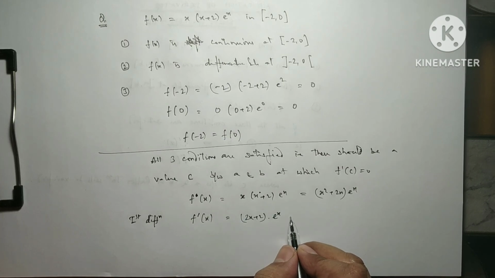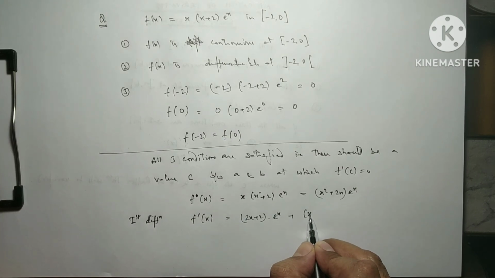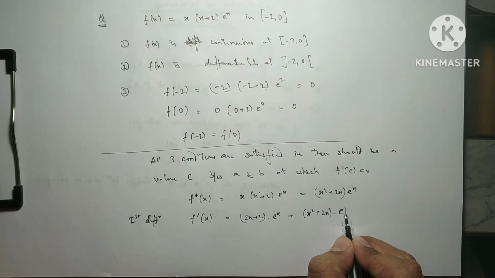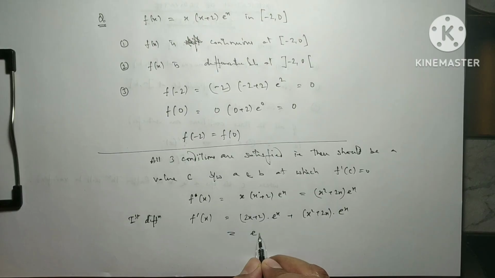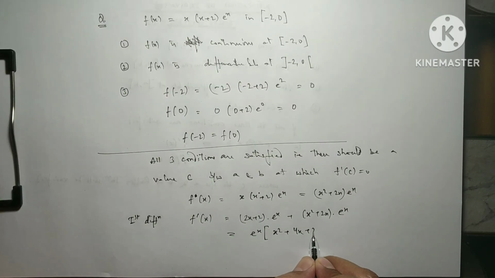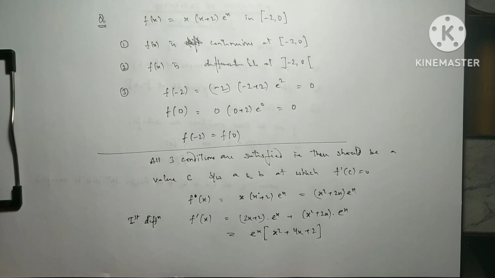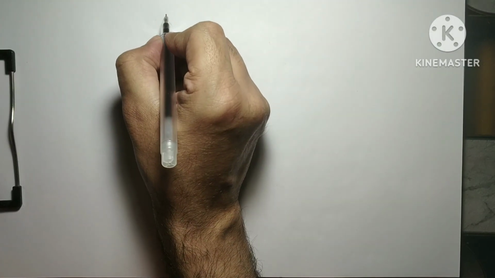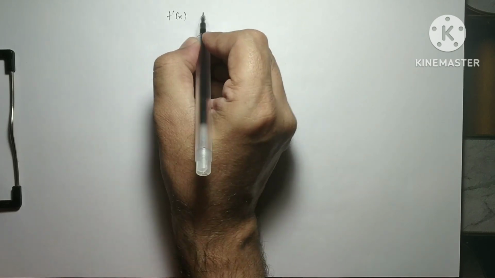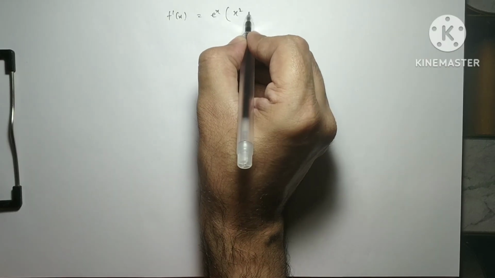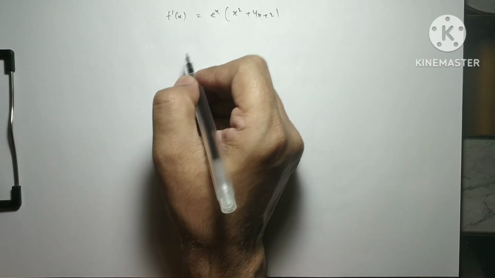We are using the product formula. So now the first function as it is, and the derivative of e to the power x is e to the power x. On taking e to the power x common, we get x² + 2x + 2x, that is 4x, + 2. So f'(x) is e to the power x (x² + 4x + 2).